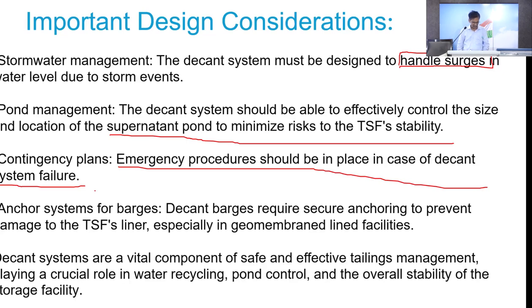Suppose you are doing a decant barge, then you have to do it with floating and pump from there. This we can try in some tailings where it is possible, like a pontoon bridge.